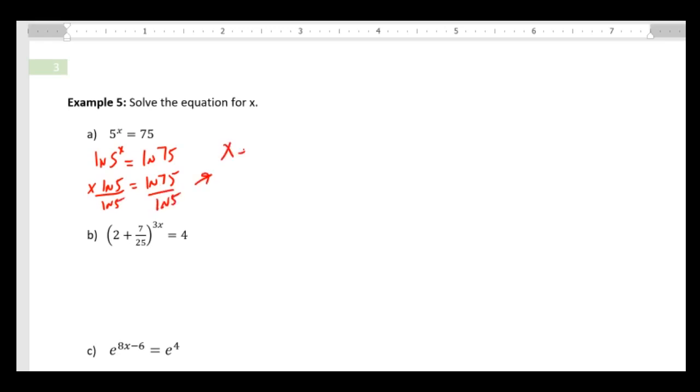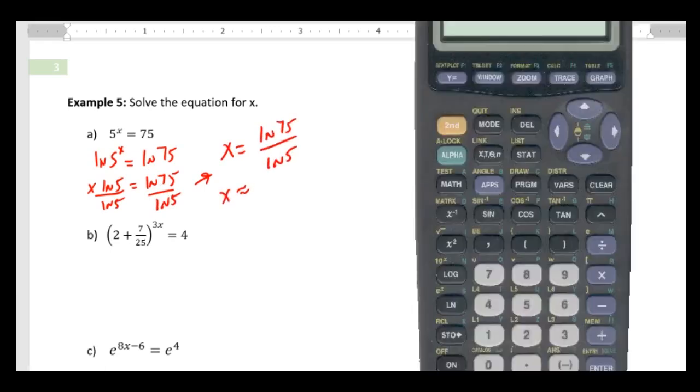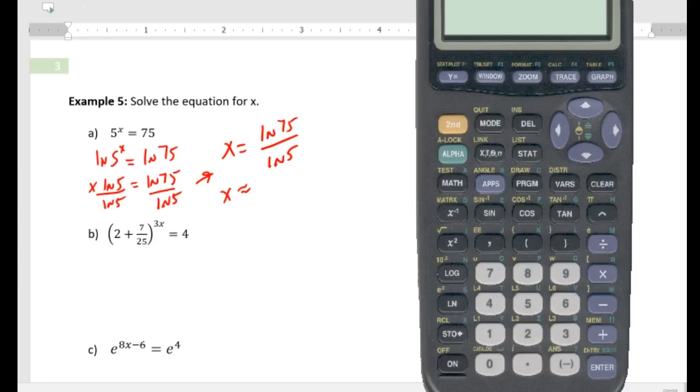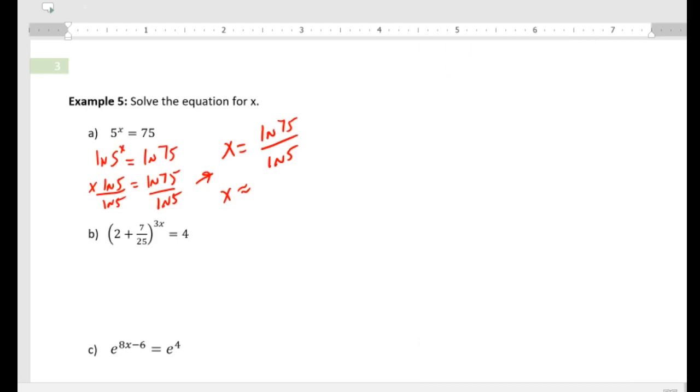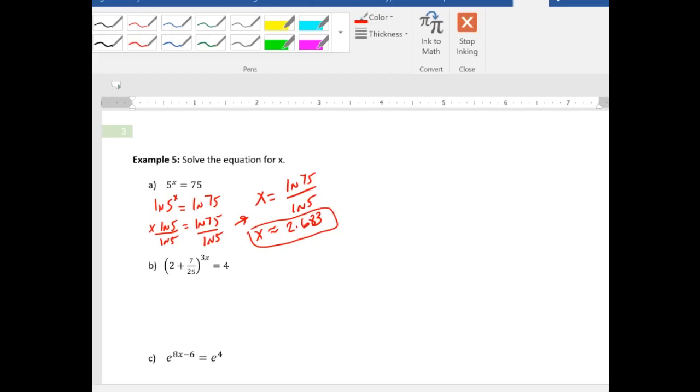So we get x is equal to natural log of 75 divided by natural log of 5. So my approximation is natural log of 75 divided by natural log of 5 is equal to 2.683.